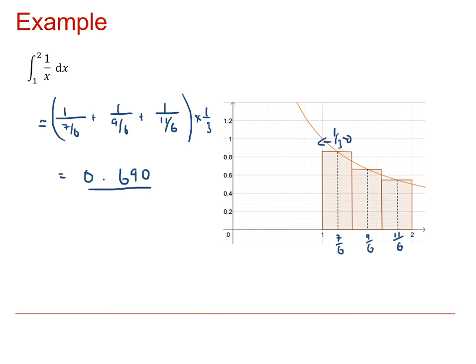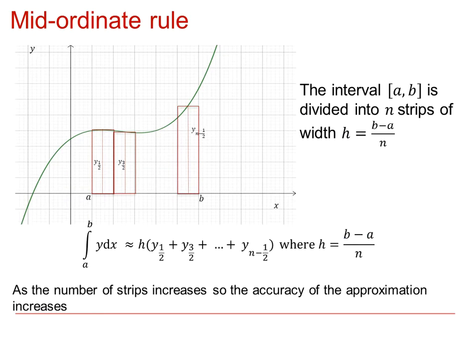So as we increase the number of subdivisions or subintervals that we're using, the value of the integral gets better and better. The midordinate rule refers to the fact that we're using the midpoint of the subintervals, which are referred to in the formula as y1/2, y3/2, etc., up to the last one, which will be y n minus a half, if we're dividing our interval from a to b into n strips.